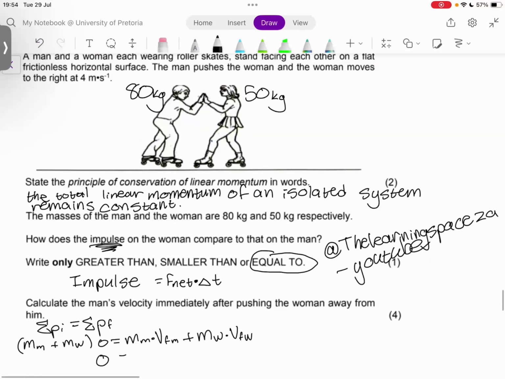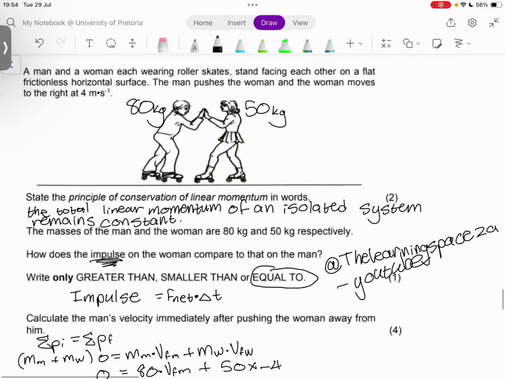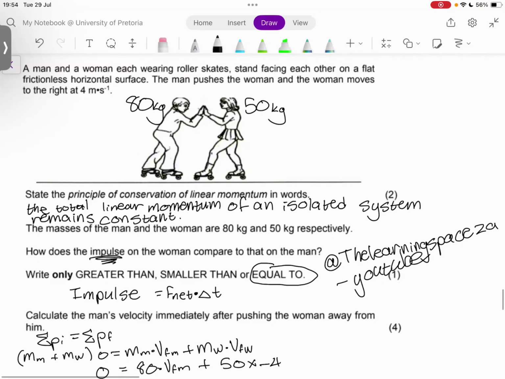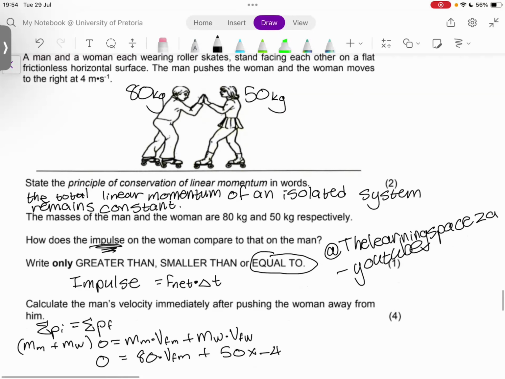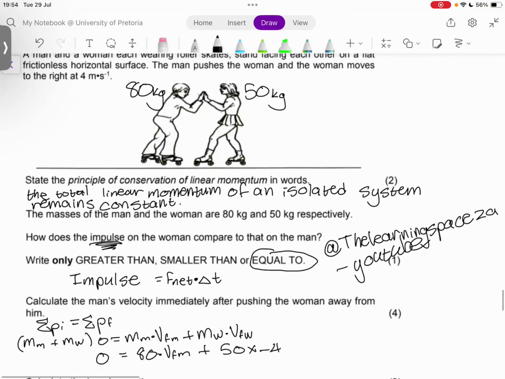That leaves us with 0 on one side is equal to 80 times VFM plus 50 times -4. The negative comes from our convention, right?